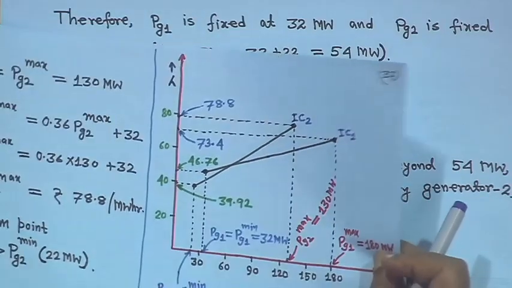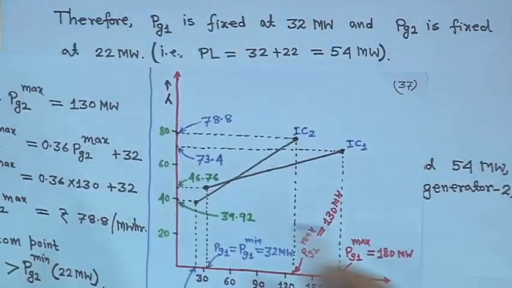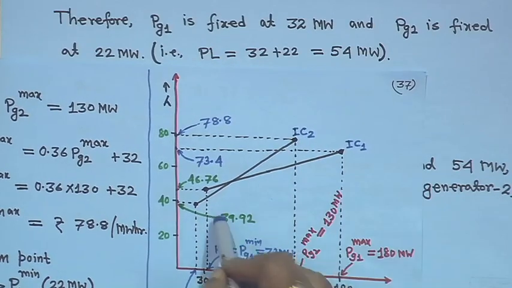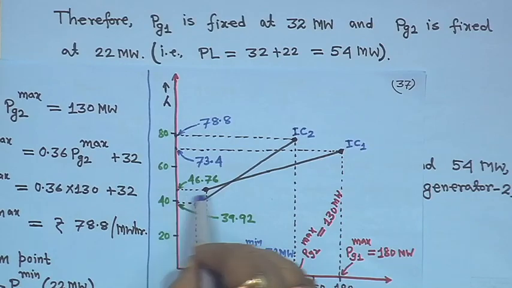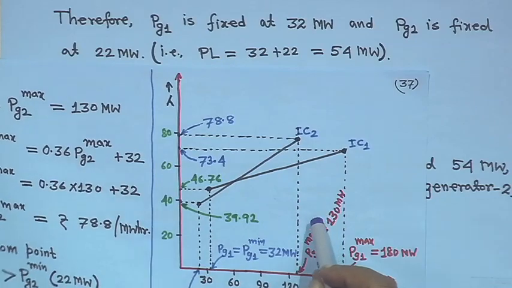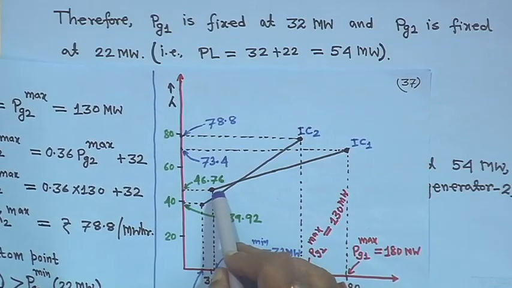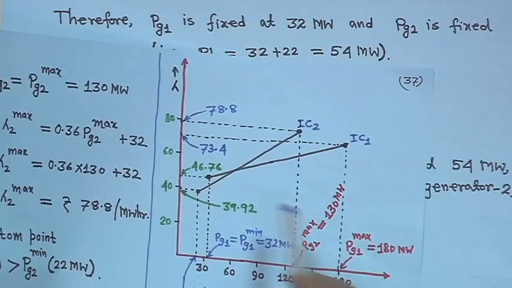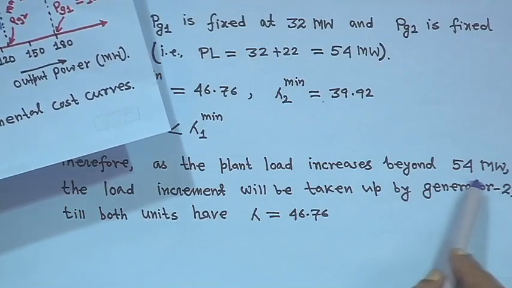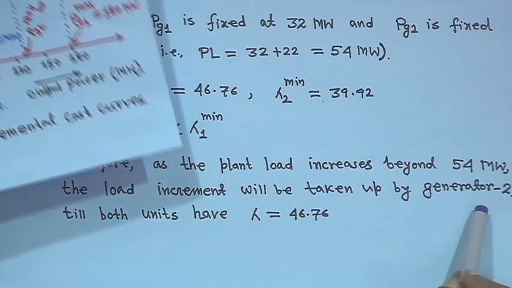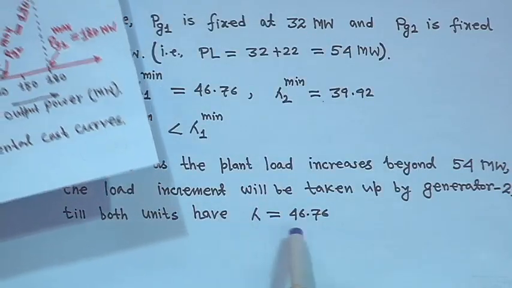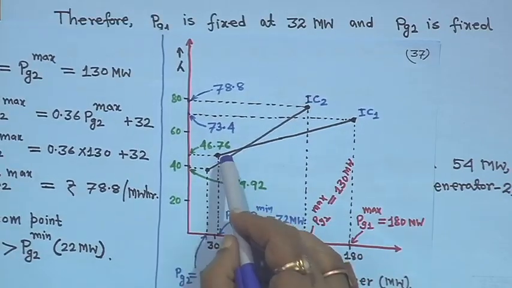That means, this is your IC2 and this is your IC1, and the lowest value is 39.92. If you increase the lambda value upwards, what will happen, till it comes to 46.76. That means as the plant load increases beyond 54 megawatt, the load increment will be taken up by generator 2, till both have lambda equal to 46.76 when it will come here.